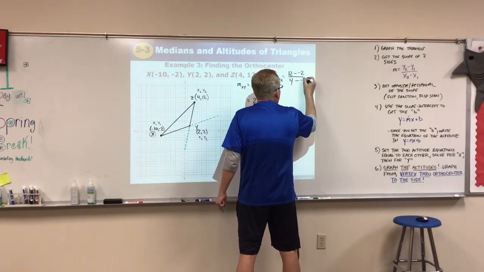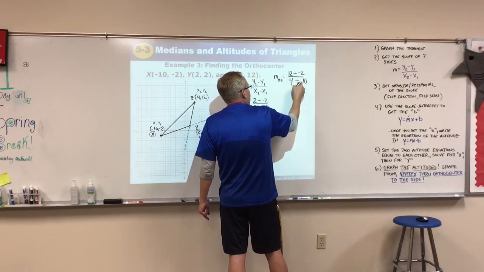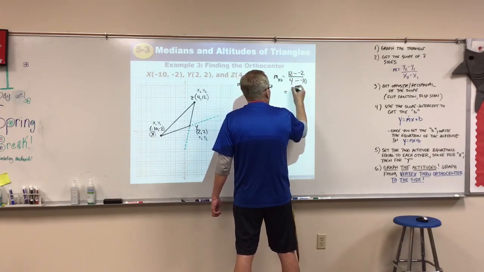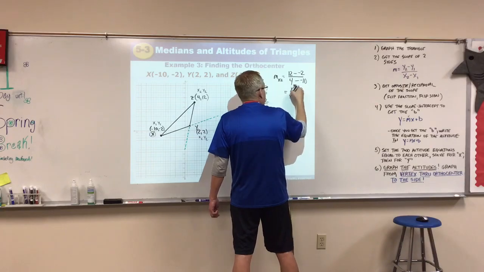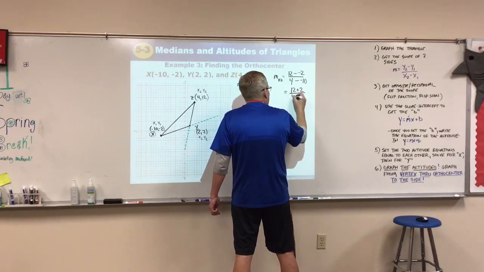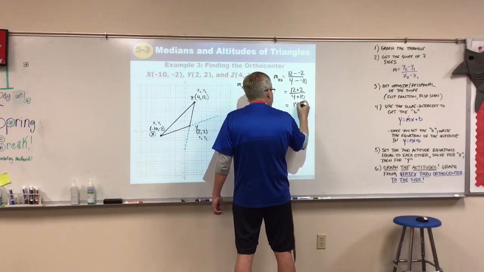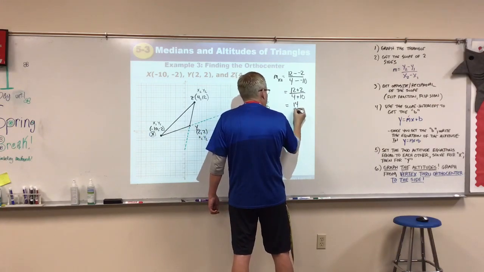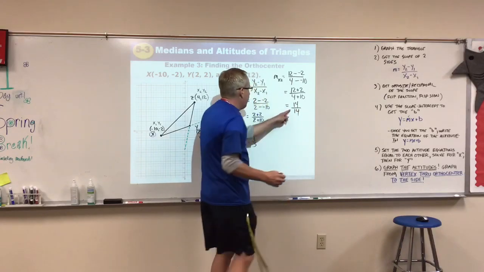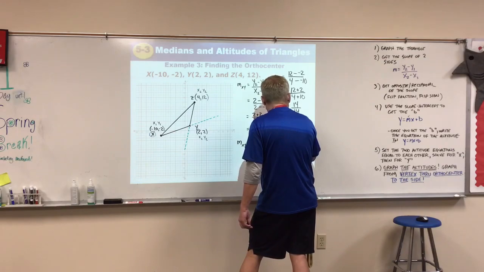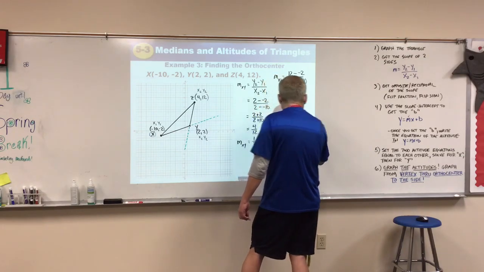Again, two opposite signs: the negatives change these to positives. So that's 12 plus 2 over 4 plus 10. 12 plus 2 is 14. 4 plus 10 is 14. 14 over 14 is 1. So the slope of xz equals 1.